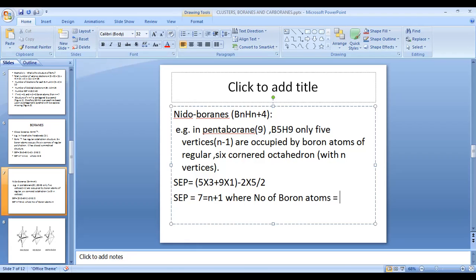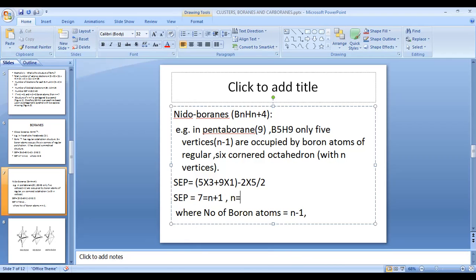So how many boron atoms can we expect? According to this formula, n is equal to how much?